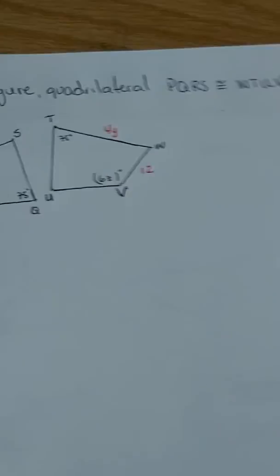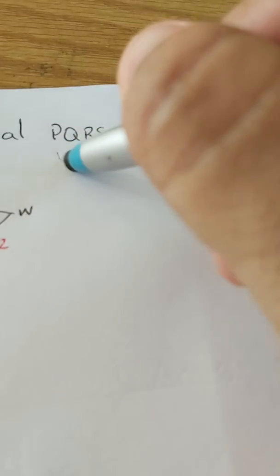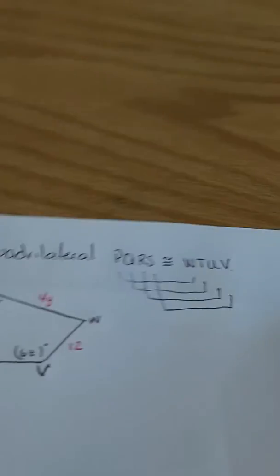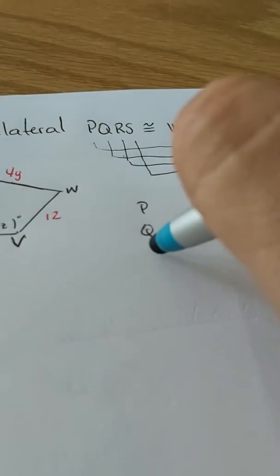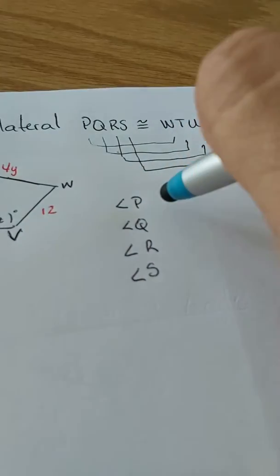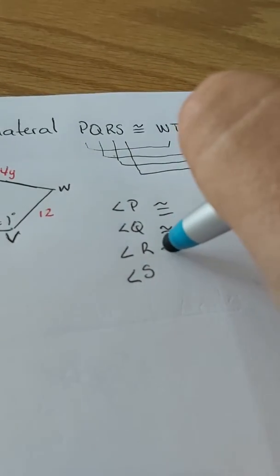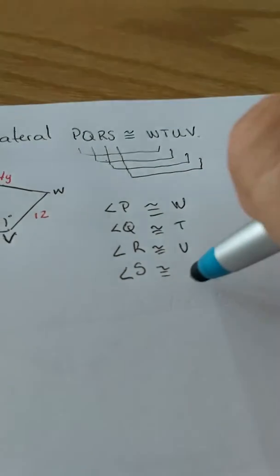Quickly, before we do that, since they're telling us that they are congruent, we know that angle P is congruent with angle W, angle Q with angle T, angle R with angle U, angle S with angle V. So our congruent statement means PQRS is congruent with WTUV.